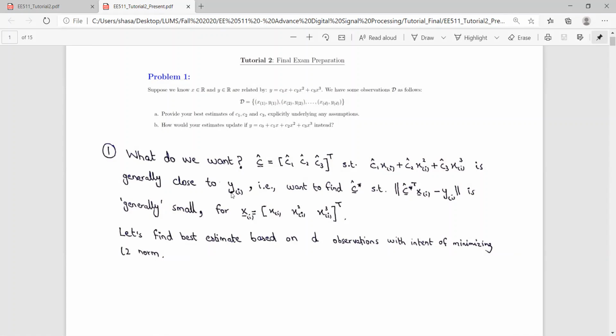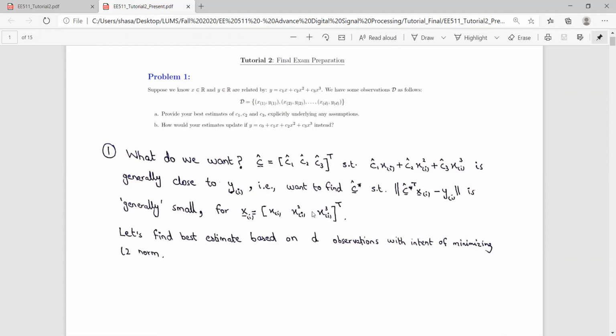And what this translates to mathematically is that we want to find the optimal weight vector or coefficient vector, such that c hat transpose xi minus yi, and its norm, is generally small, where this xi is just a stacking of x, x square and x cube.